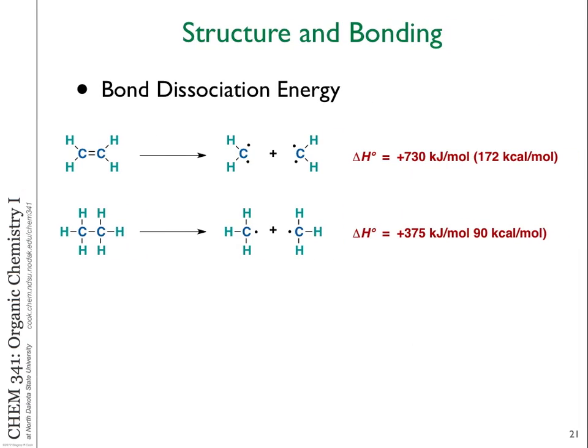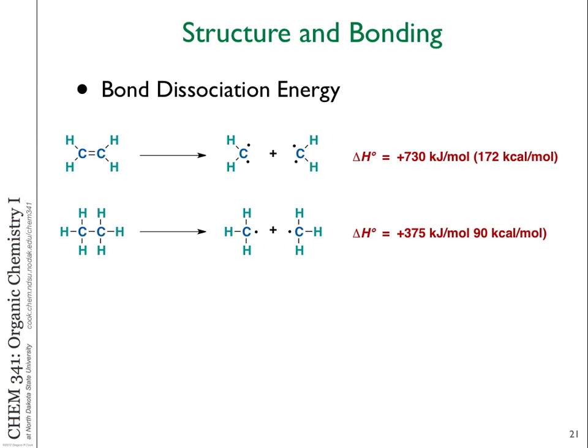One of the consequences of a double bond is that it's a stronger bond, because if you were to think about the bond dissociation energy, to break both of the bonds, to break 2 bonds would require more energy than to break 1 bond, right? So if you look at a carbon-carbon single bond, the energy required to break that apart into 2 carbon radicals is about 375 kilojoules per mole for the single bond.